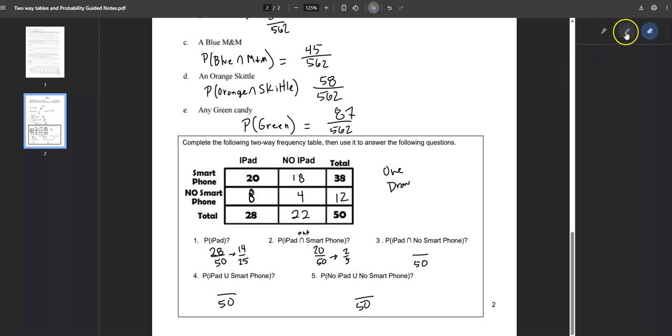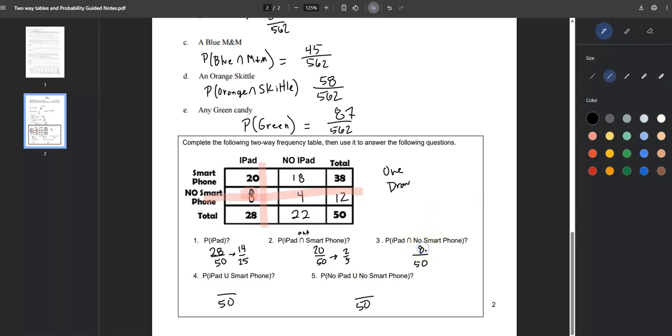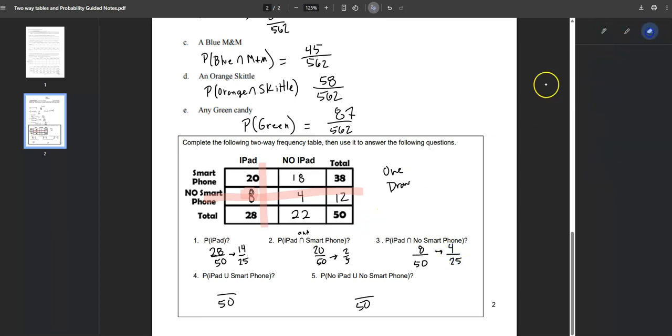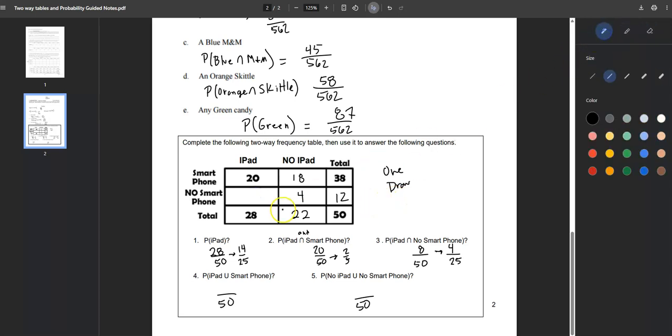Okay. Then if I look at this next one, again, I still have and. This is iPad, and then no smartphone. So that would be that 8. So this would be 8 out of that 50. And so, again, I draw the lines because it helps me with that as well. So if that helps you, then do it. If not, then don't worry about it.